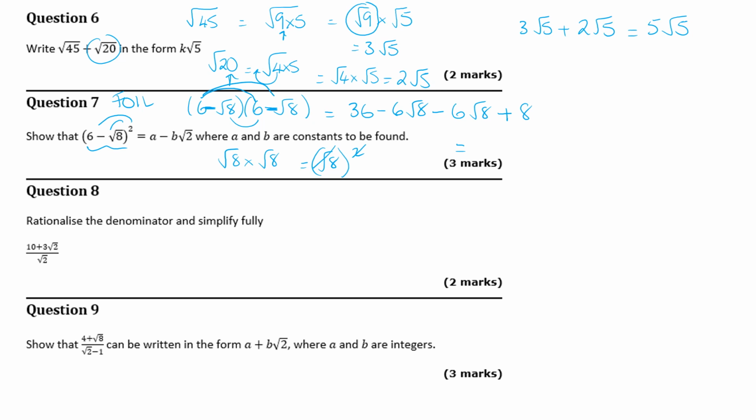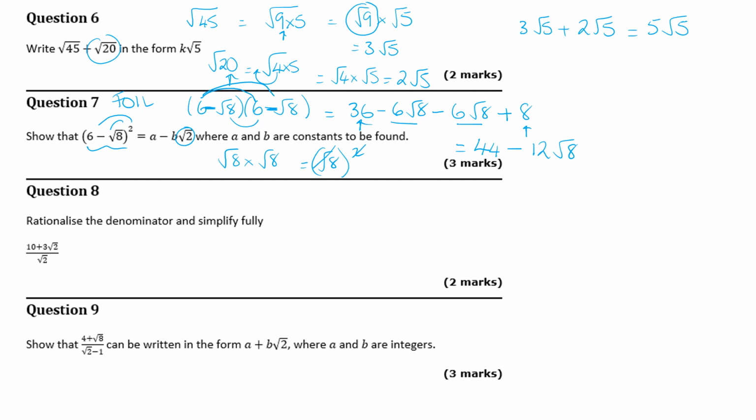And then what we can do is we can just add the numbers. 36 plus 8 is going to be 44, minus 6 lots of root 8 minus another 6 lot is minus 12 root 8.